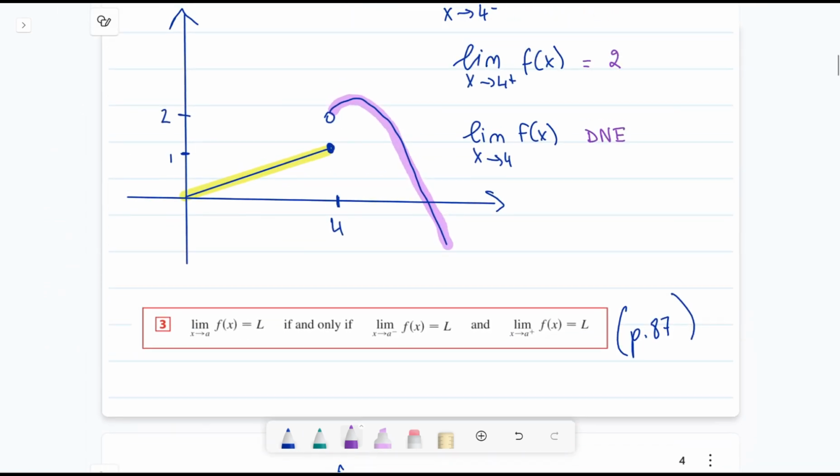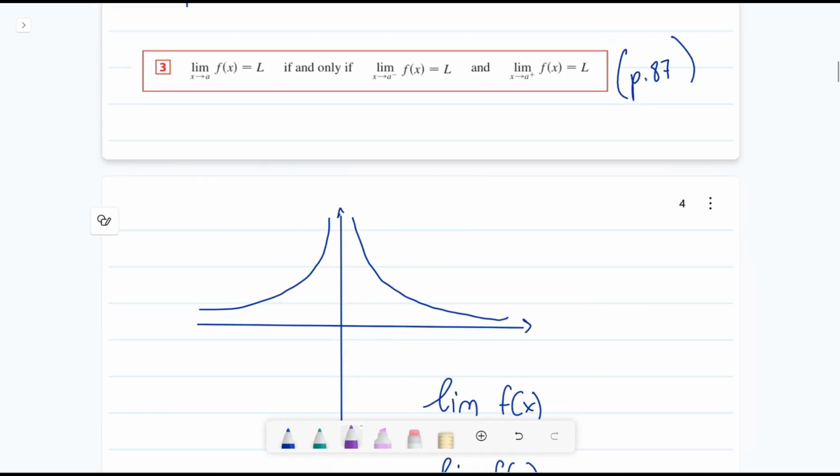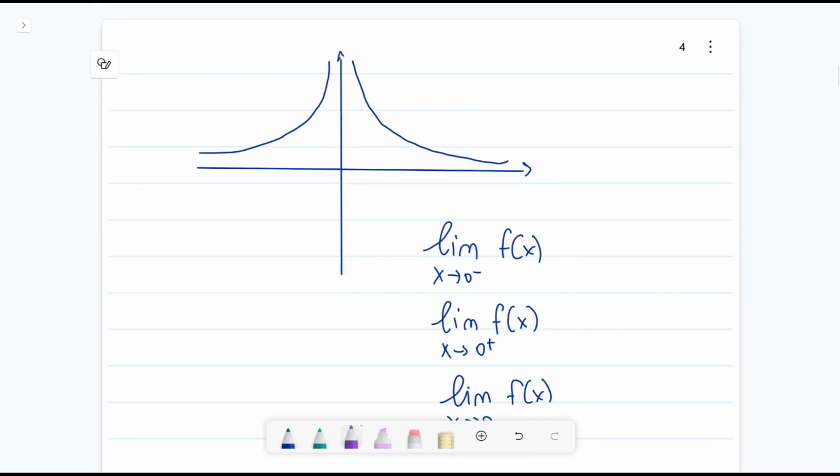So far we were looking at limits that give answers in the real numbers. Now we will look at a little more complicated graph. So let's look at this graph. We would like to find the limit as x approaches 0 from the left of f of x. Suppose this is f of x.